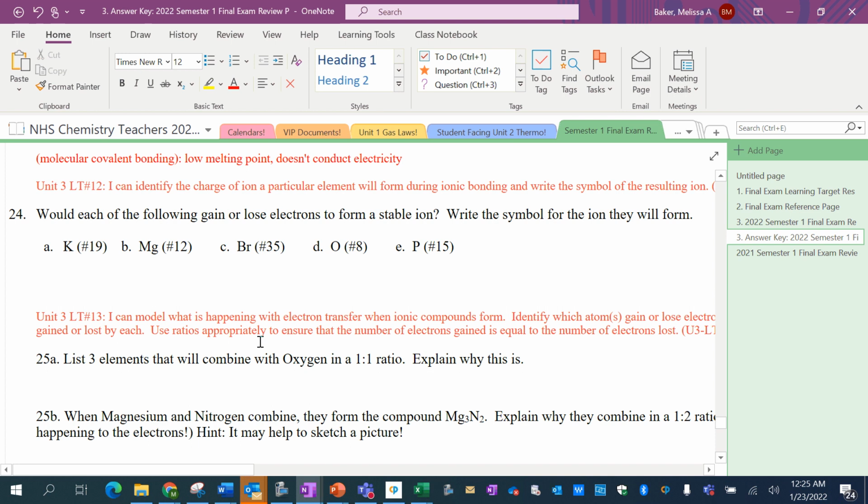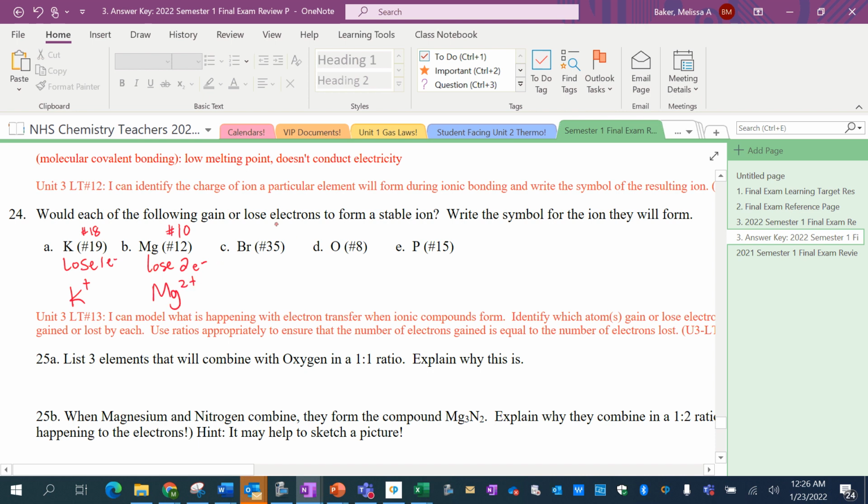Would each of the following gain or lose electrons? And write the symbol. Well, potassium is closest to number 18, argon, so it would lose 1, and it would form K+. Magnesium wants to be like number 10, so it wants to lose 2 electrons and it will form Mg2+.